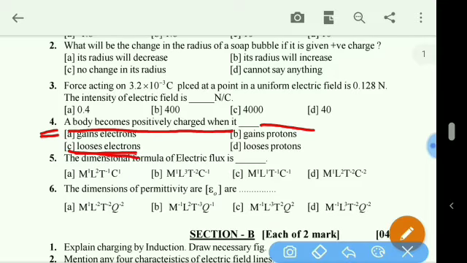Positive charge, that is protons, cannot be gained or lost because protons are bound in a nucleus. They are not free to move. Only electrons can move because they are free to move. So option number C is correct.